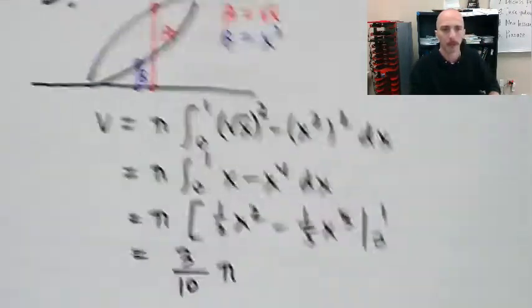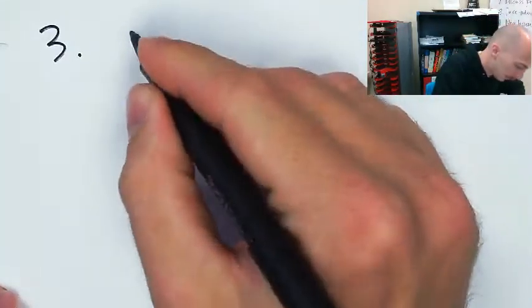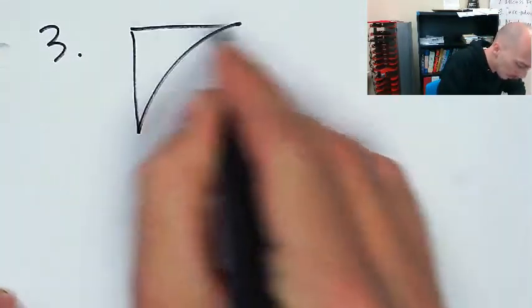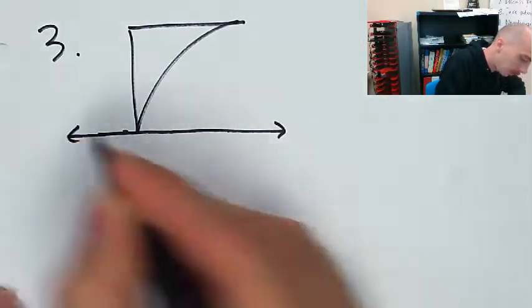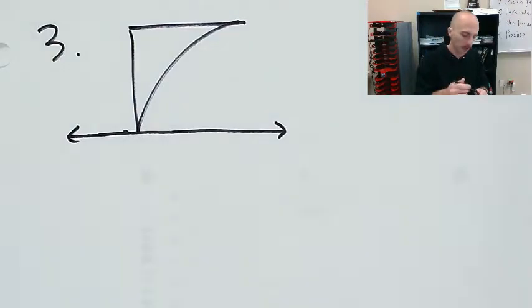All right, that'll be far enough. Number 3, solid formed by rotating R1 around the x-axis. And this is going to be my axis of rotation. Since it's not touching the axis of rotation entirely, I'm going to be using the washer method.